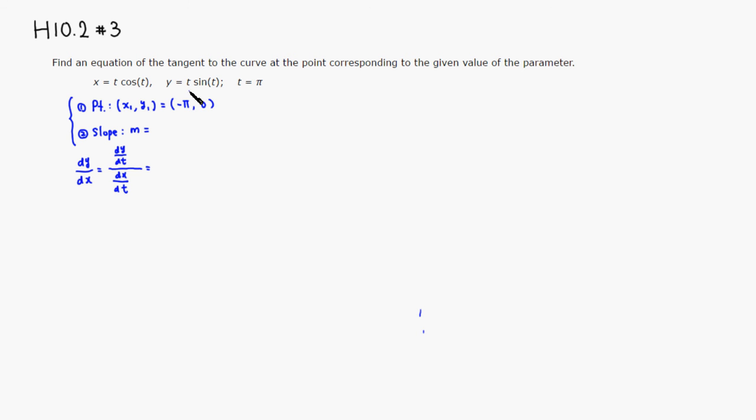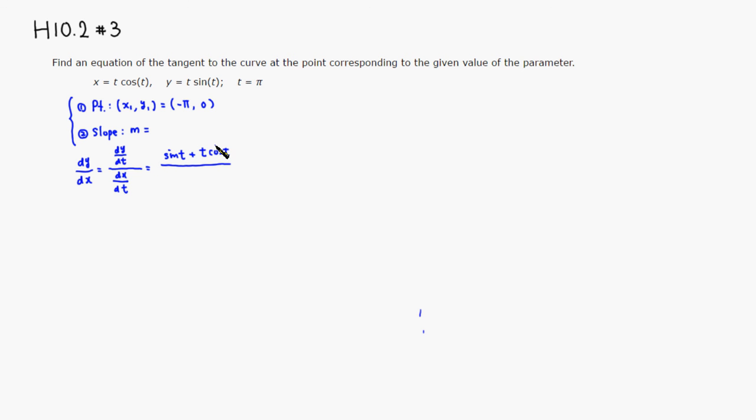The derivative of y: we have to use the product rule. The derivative of t is 1 times sine, so you have sine of t, plus t times the derivative of sine, which is cosine of t.